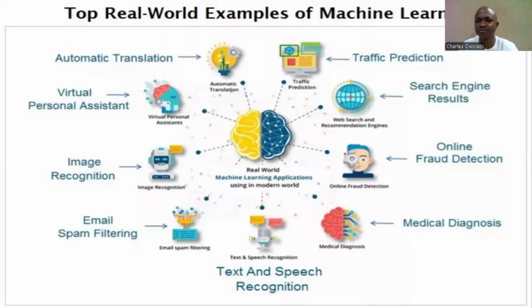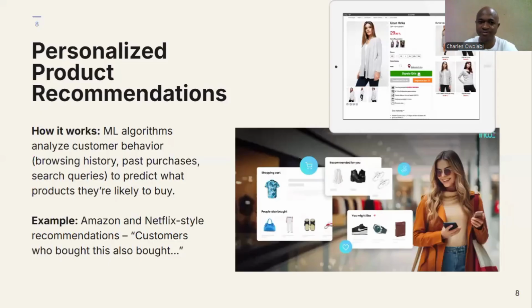There are a whole lot of real-world applications of machine learning. We have online fraud detection, which is actually used to detect irregularities or anomalies in activity. Medical diagnosis, email spam filtering, email recognition, virtual personal assistants, and so many of them. Now, let's just pick one or two or three of them and discuss further.